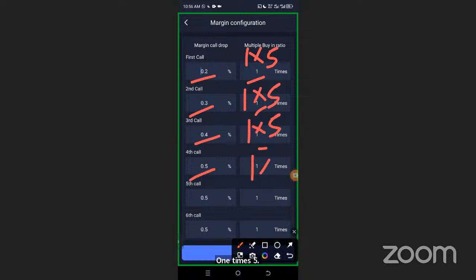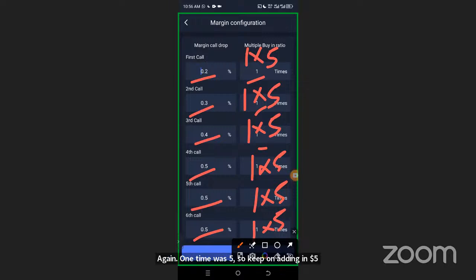So the robot will keep on adding in $5 whenever the market drops down. That's why it is called multiple buy-in ratio. The robot multiplies as it buys. What does it multiply? It multiplies the number you have put here times your first buy-in amount.